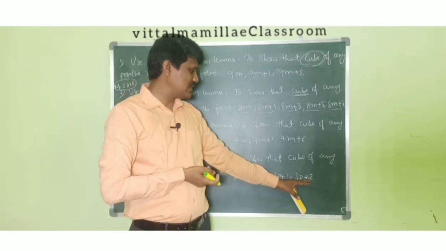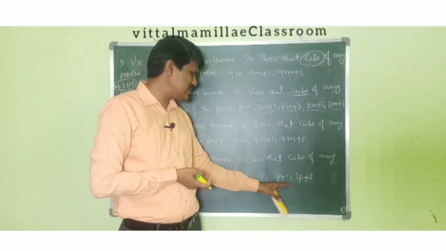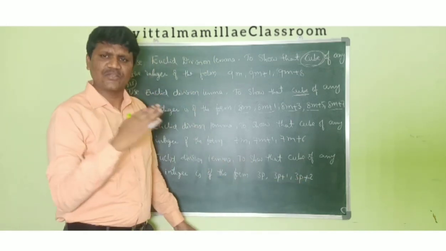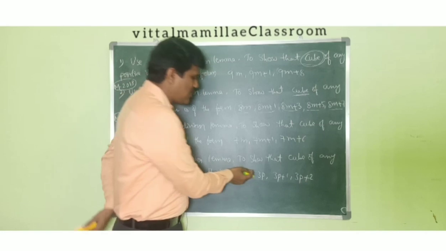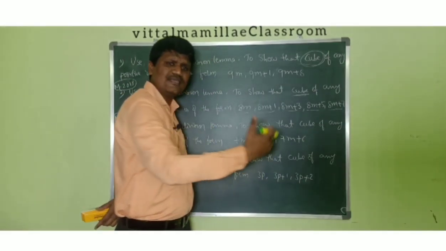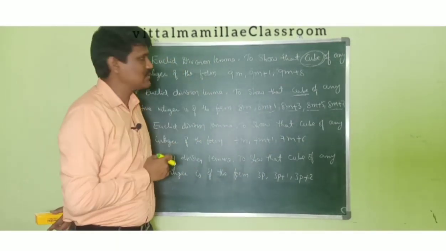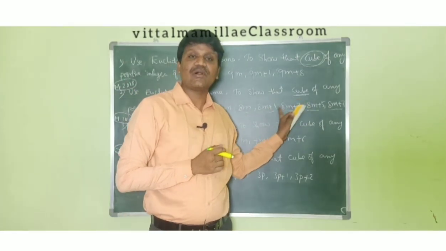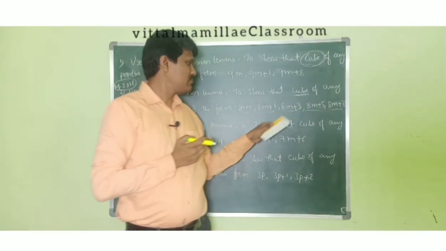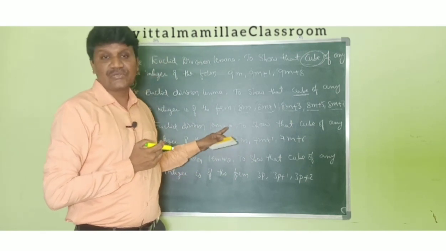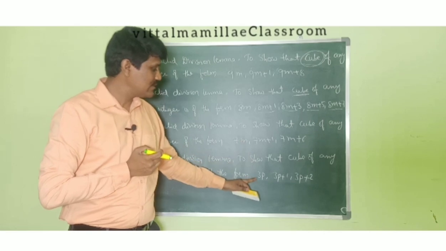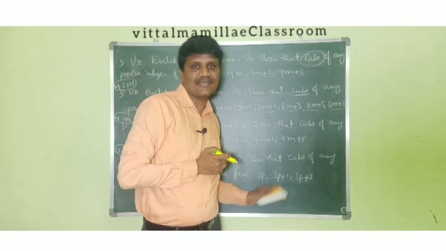Here you should take only b equal to 3, so the remainders will be 0, 1, 2. If the b value is smaller, you can do it easily because fewer cases come. For 8m you should do 8 cases, in this problem you should do 7 cases, and in this you should do 3 cases.